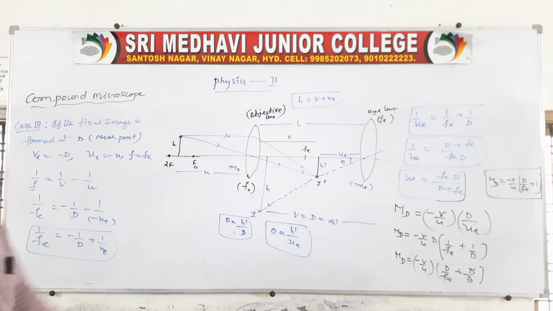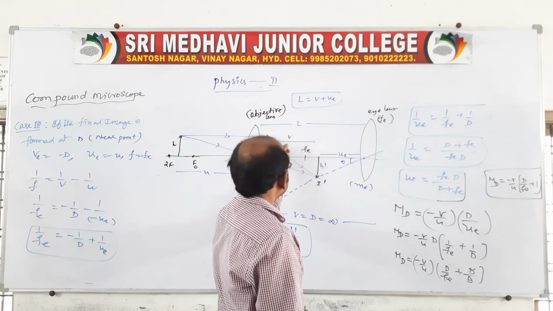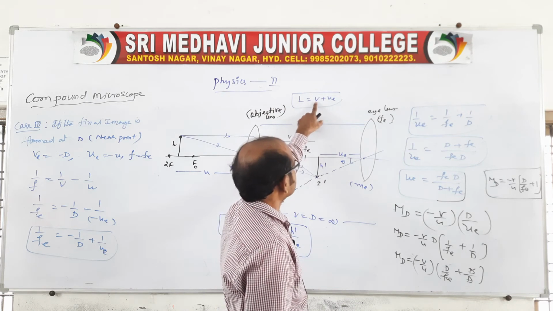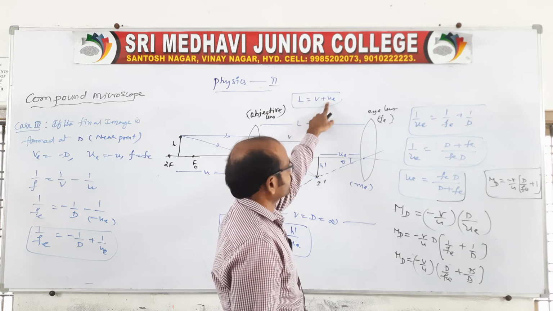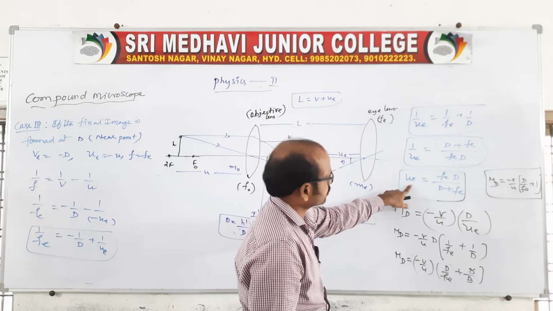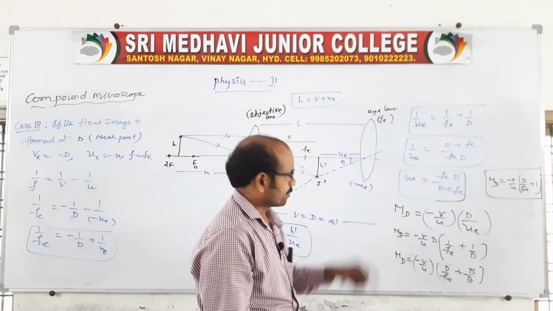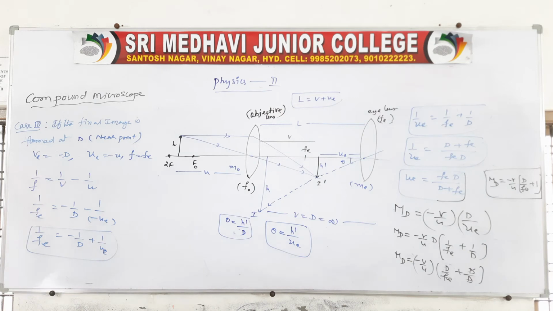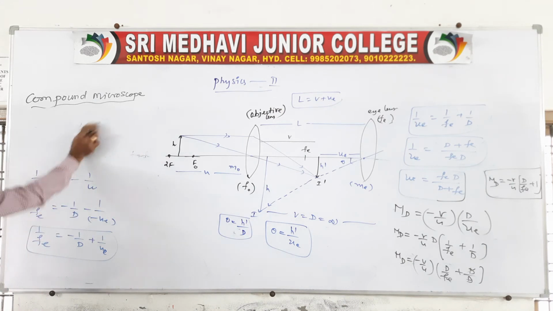And here we know another one: the distance between the two lenses will be L is equal to V plus UE. But we know UE is equal to FE D by D plus FE. That is the final one, so the magnification related to the compound microscope will be like this. Look at it.